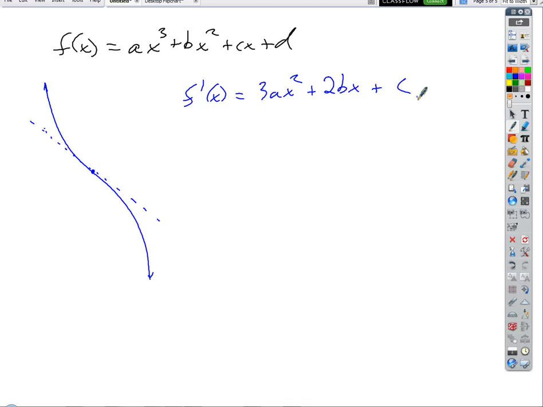That it never equals 0. So if we set this equal to 0, then there should be no solutions, right? Everybody agree?